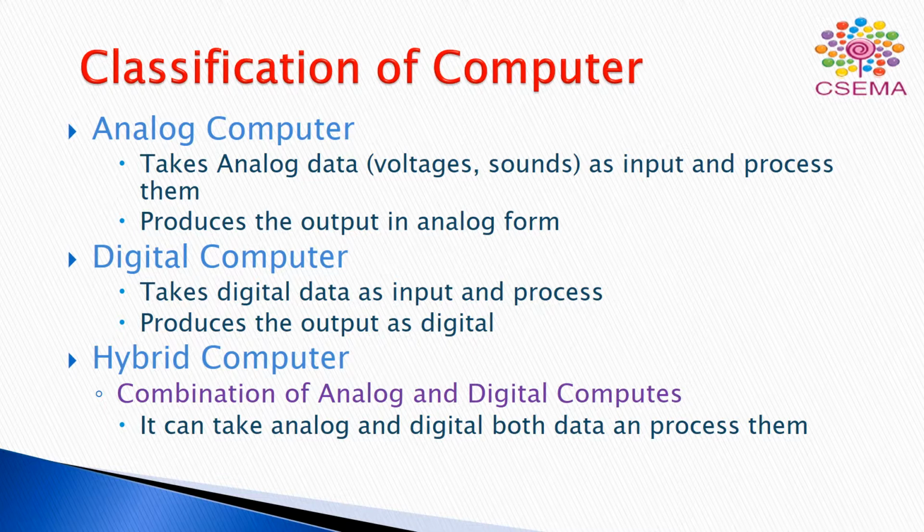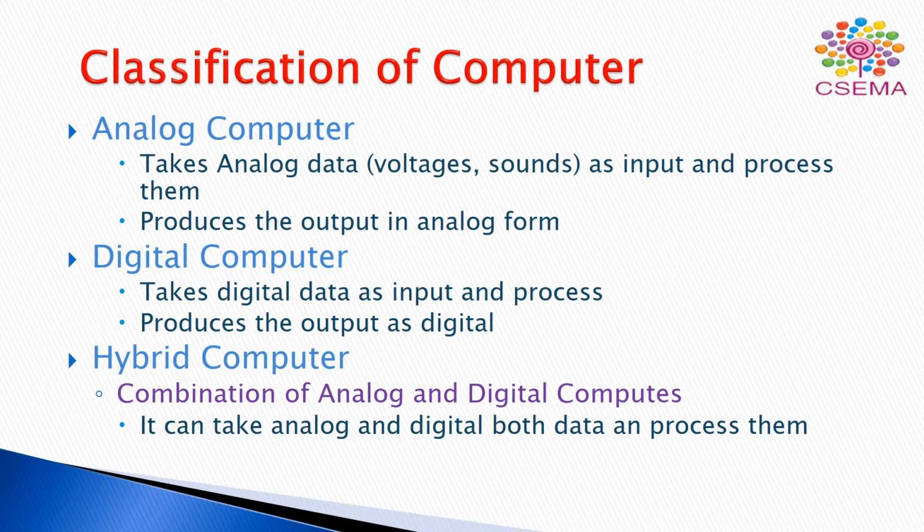And the second computer type is the digital computer, that takes the input as digital data and always produces the result in the form of digital data. And the third computer type is the hybrid computer. Hybrid computers have the properties of both kinds of computers, analog and digital.